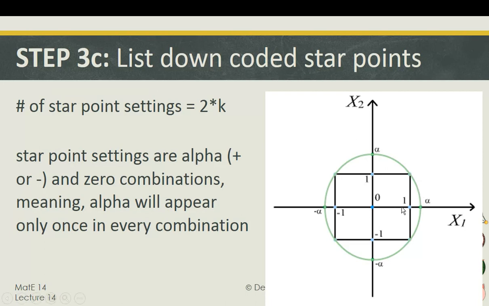So for example, this star point setting here is when x1 is plus alpha, while x2 is 0. Here we have x1 is 0 and x2 is plus alpha. We can do it again for these two other points.